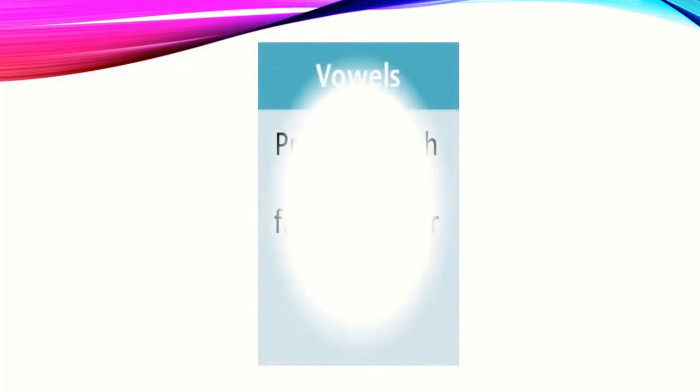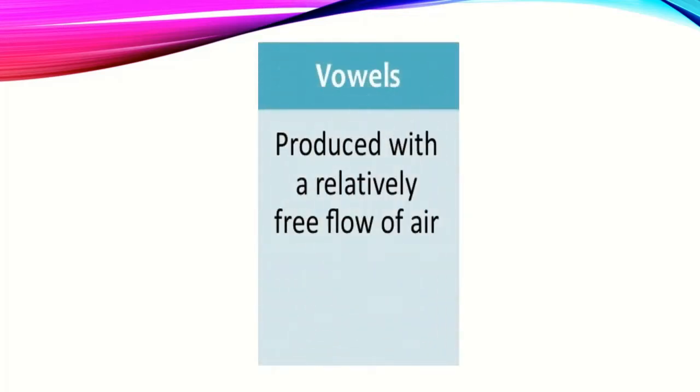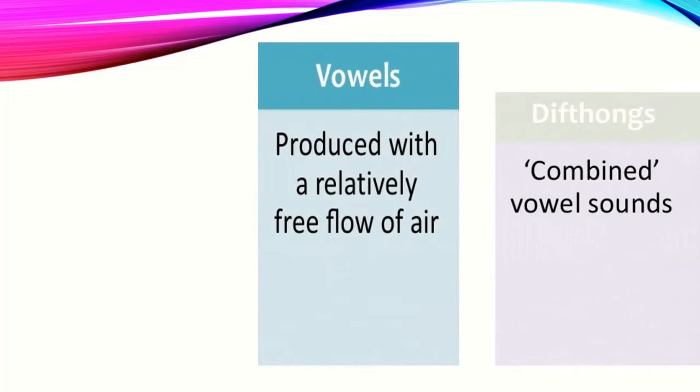Last meeting, some of our classmates here discussed substantial information on articulatory phonetics, focusing on vowels. Vowels are produced with a relatively free flow of air. Diphthongs are combined vowel sounds.